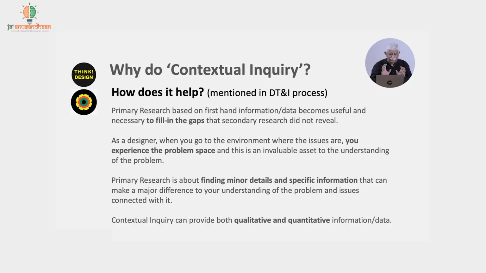You can also find very minor details and specific information that can make a big difference, because when finally you do a product, it's those small things which make a big difference to the innovation. And as we mentioned before, it can be both qualitative as well as quantitative information that you can get.